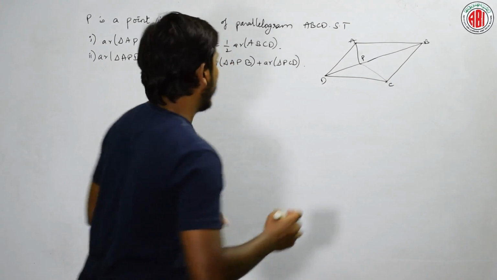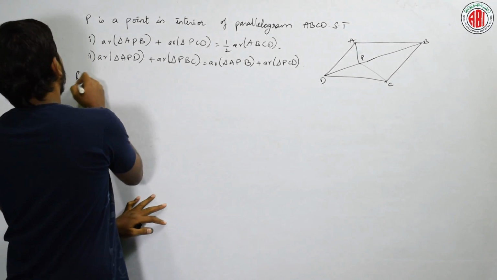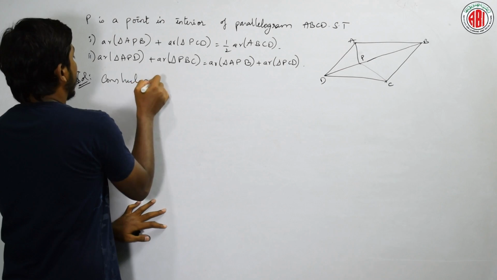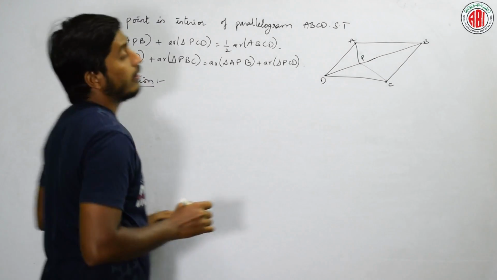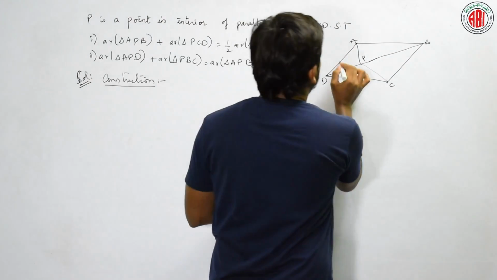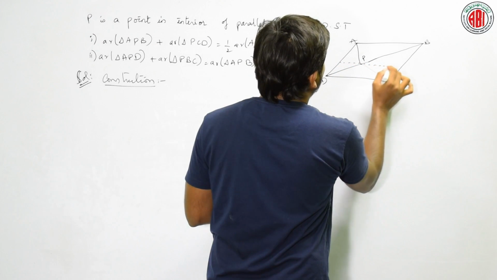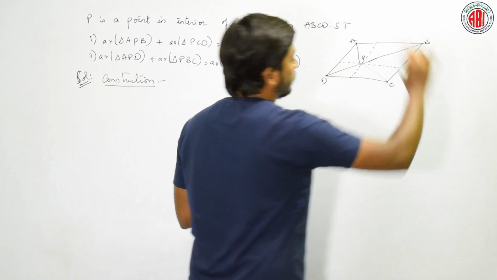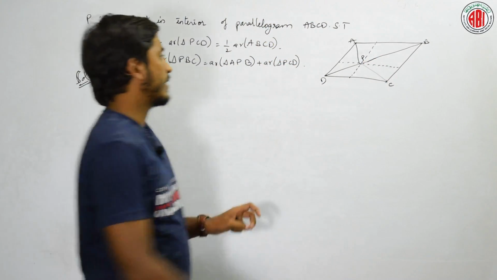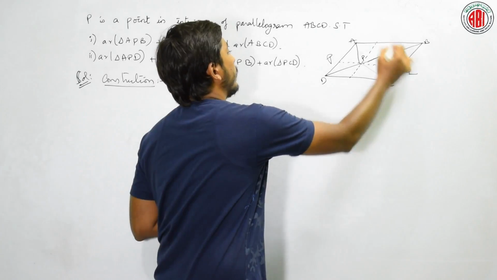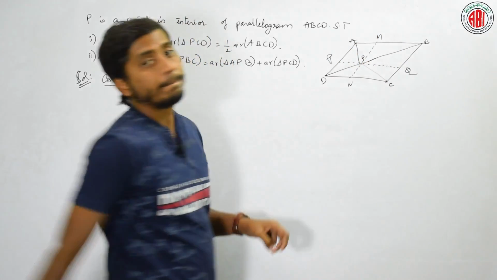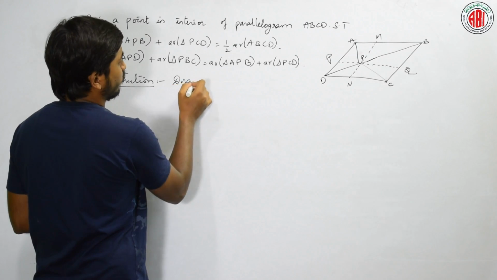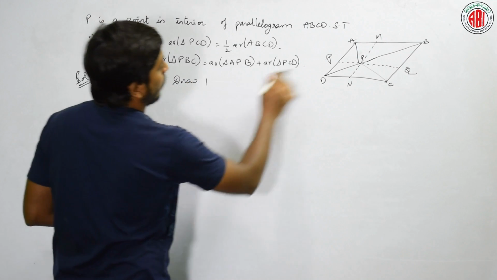Now see here, let us do a little bit of construction. What we do is, let us draw a line parallel to AB and a line parallel to BC. Let us write them as P, Q, M, N. Now see here, construction, draw, P is already there.